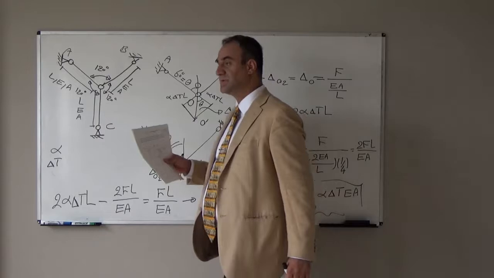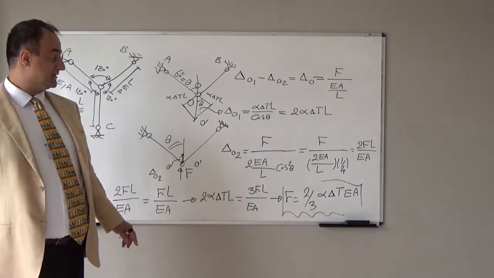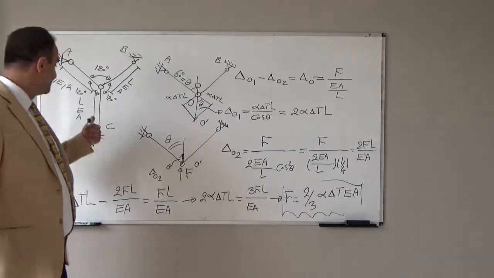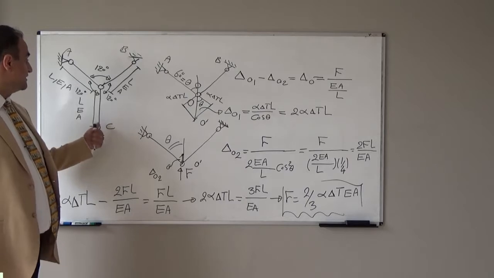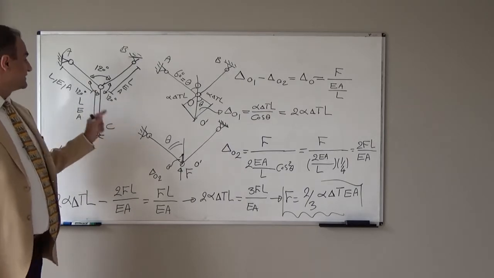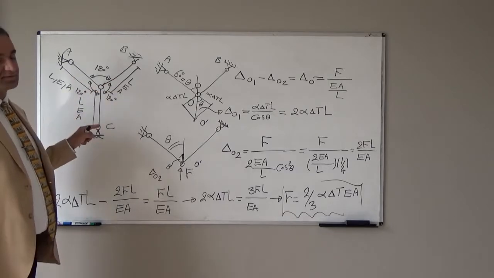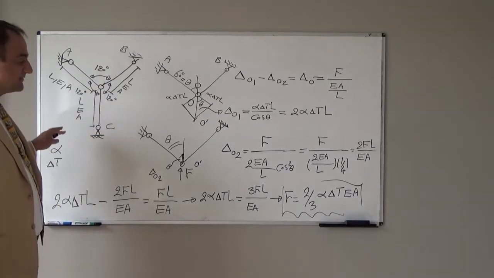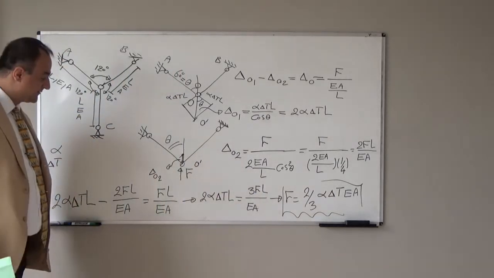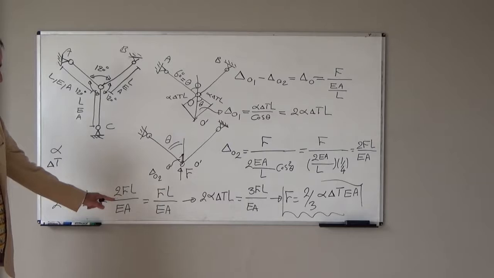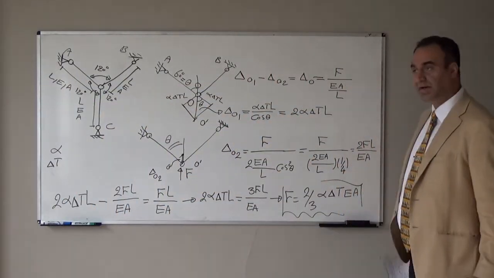And we need to determine whether these members are in tension or compression. It is clear this force will be compression, not tension. The reaction applies upward, so this is compression, and this is compression. All members will have a compression force equal to this F, and we find F from here because we have one equation and one unknown.